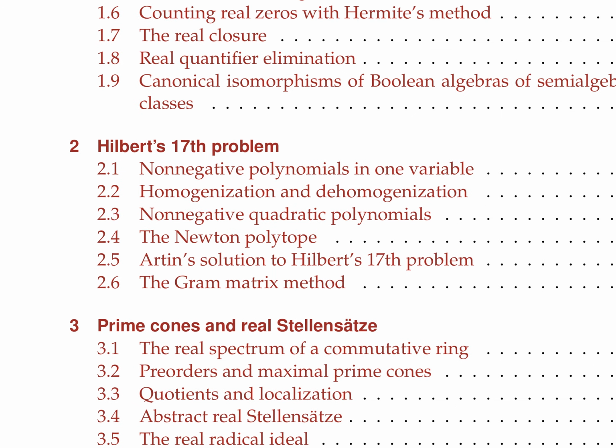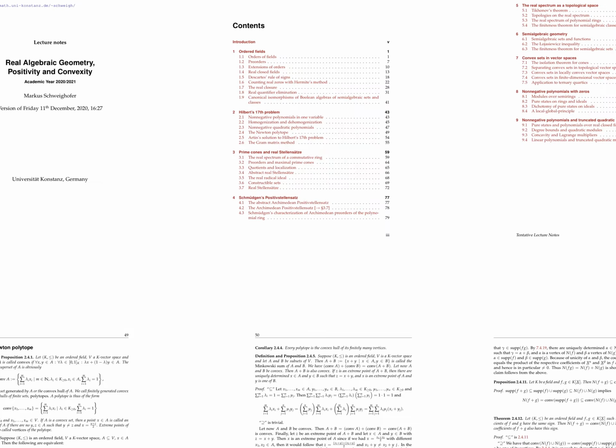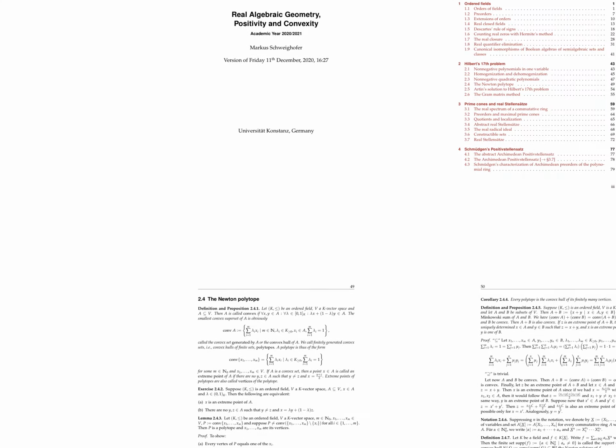We will speak about the Newton Polytope, and this is a, let's say, technical but very nice tool that may help to decide whether a polynomial is a sum of squares of polynomials. And as another technical tool, we will introduce convex sets.